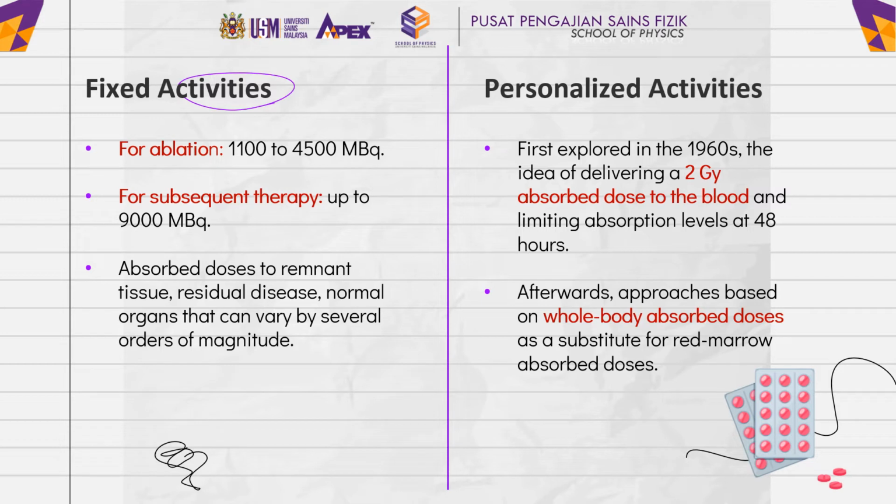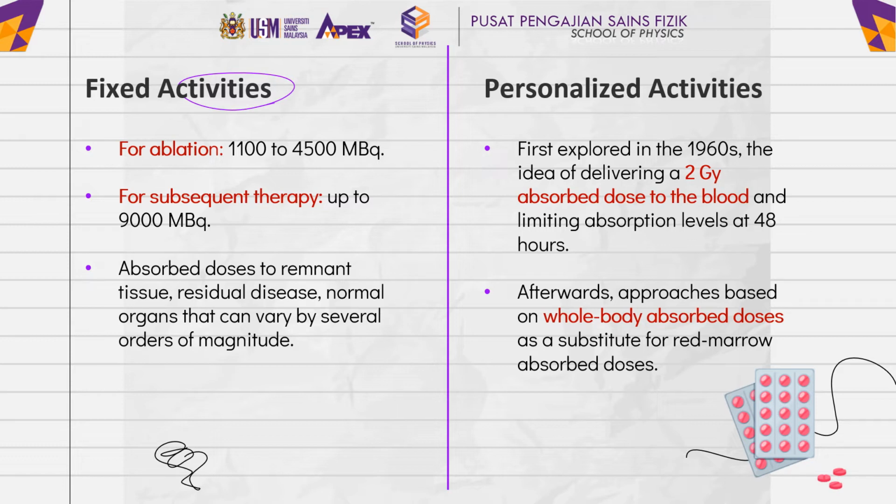In fixed activities, for ablation, we use around 1,100 to 4,500 megabecquerels, and for subsequent therapy, up to 9,000 megabecquerels. Absorbed doses to remnant tissue, residual disease, and normal organs can vary by several orders of magnitude.